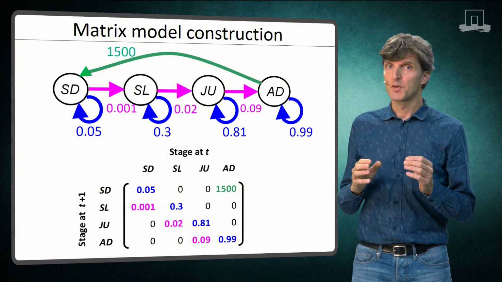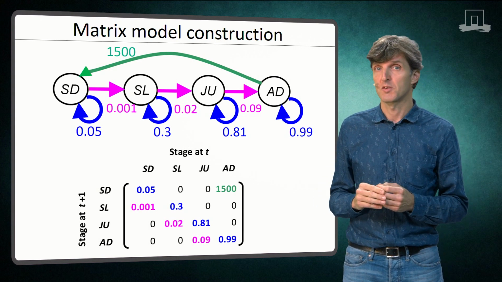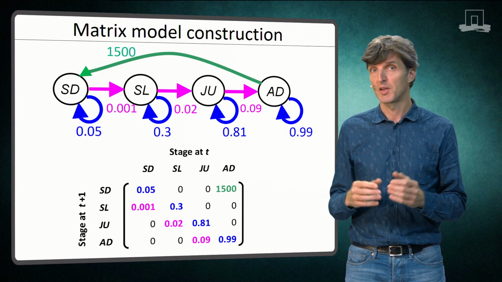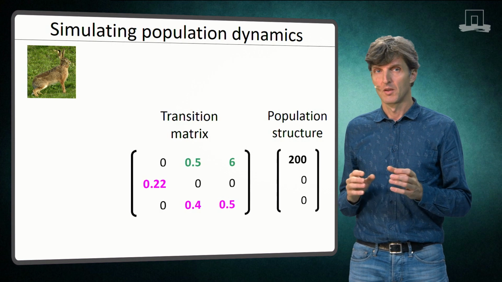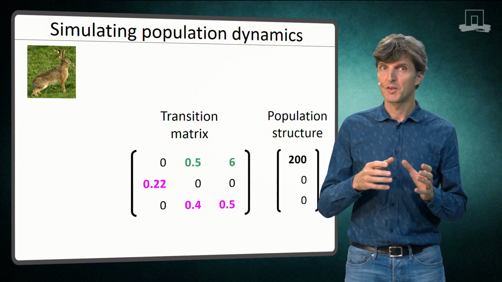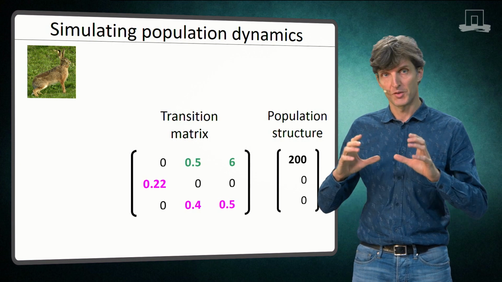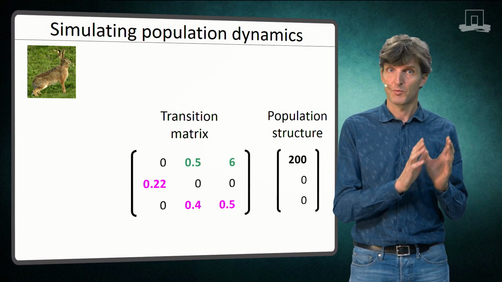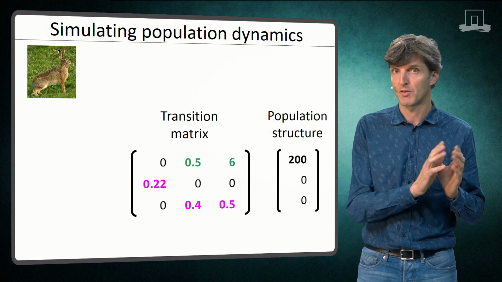So far, you've learned how you can construct transition matrices, and the next step is to use those models to simulate population growth. So let's simulate the population development of the hare. We need information on the dynamics of the population, which is in the transition matrix, and on the amount of individuals in each class, which is in the vector of the population structure.